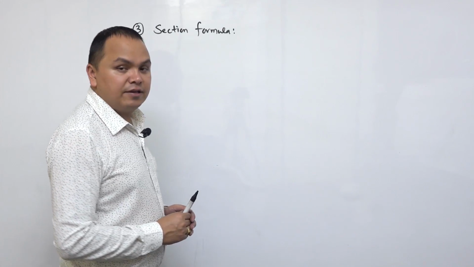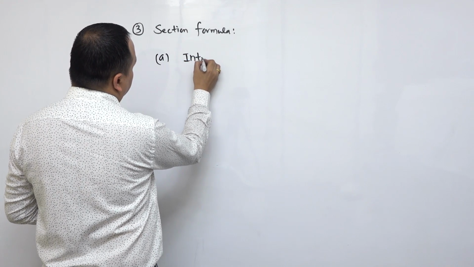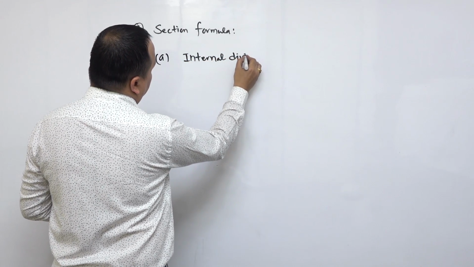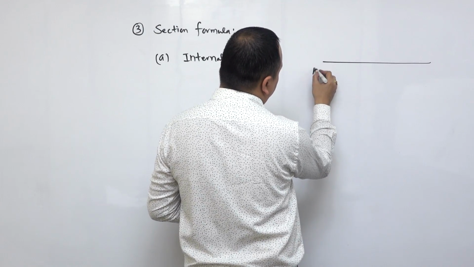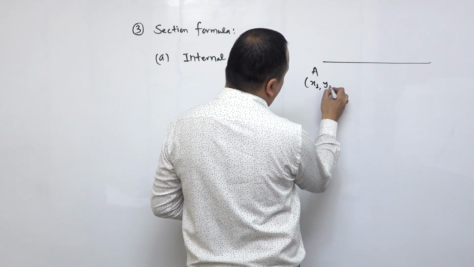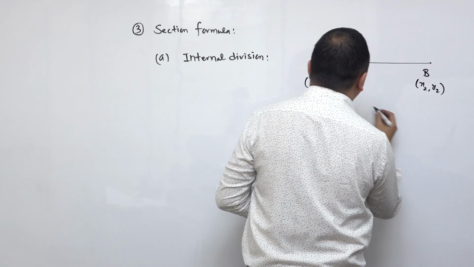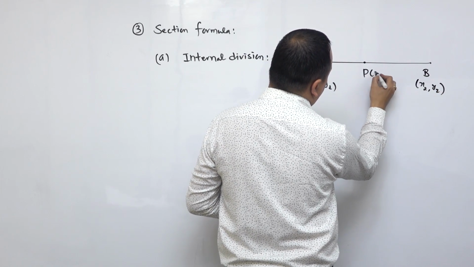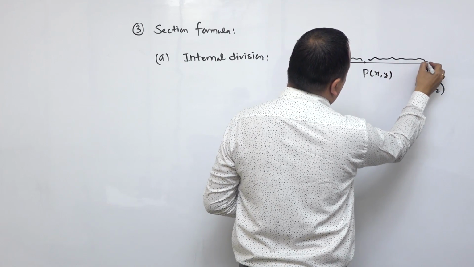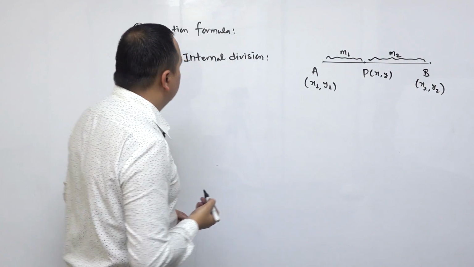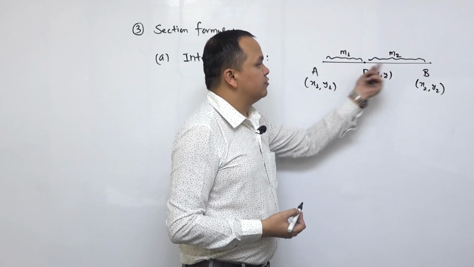Now section formula or division formula. A. Internal division. P divides AB in the ratio m1 is to m2.